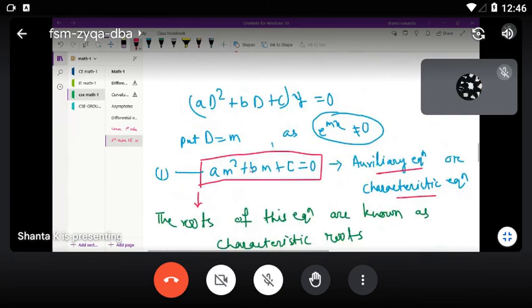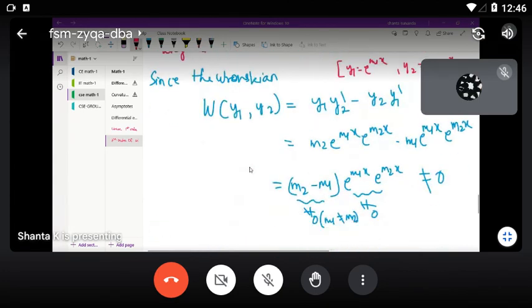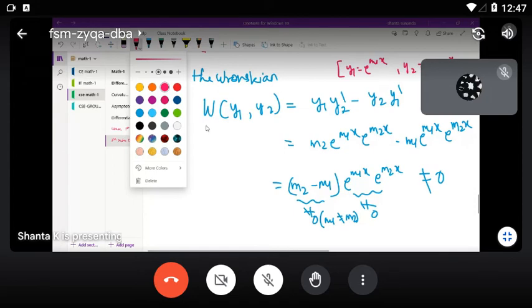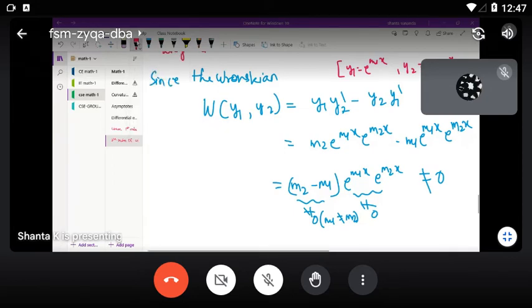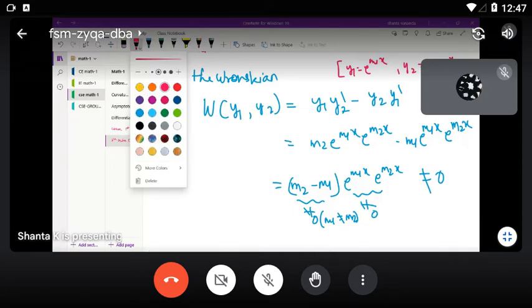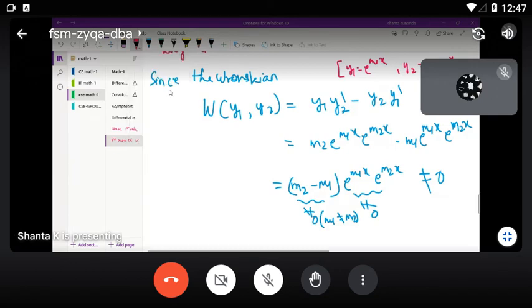Ma'am, what is the Wronskian? I think I didn't put this in linear algebra. You should have linear algebra first, but it is in the second semester. The Wronskian is a formula, and you will find whether functions are linearly independent.